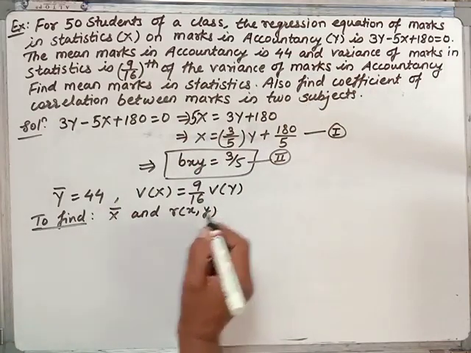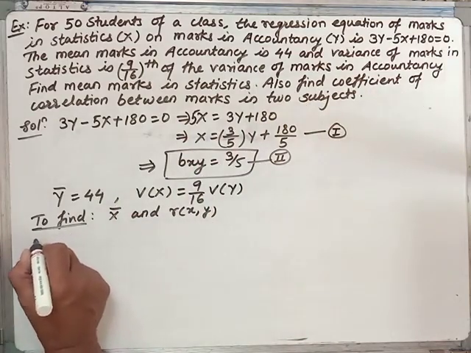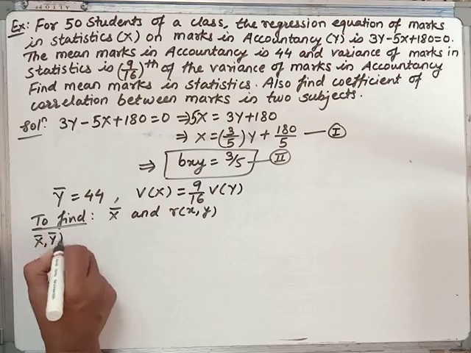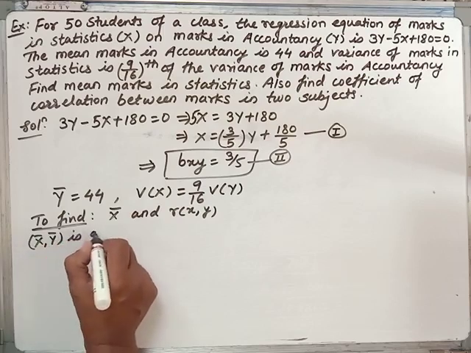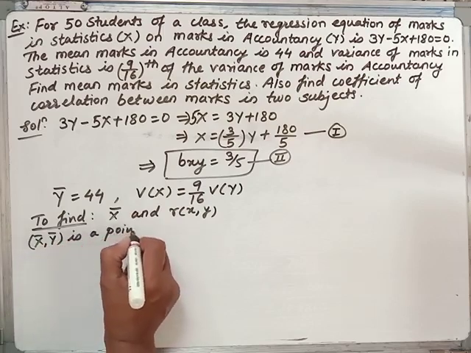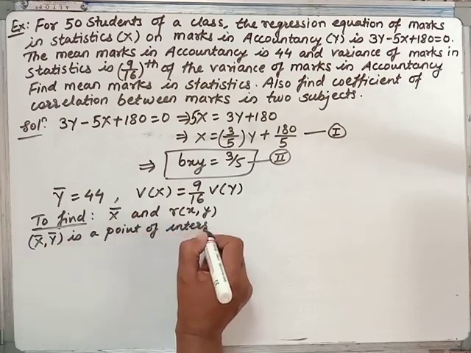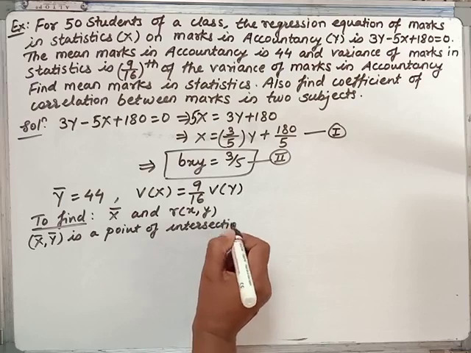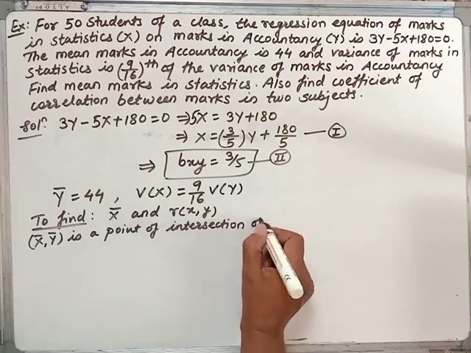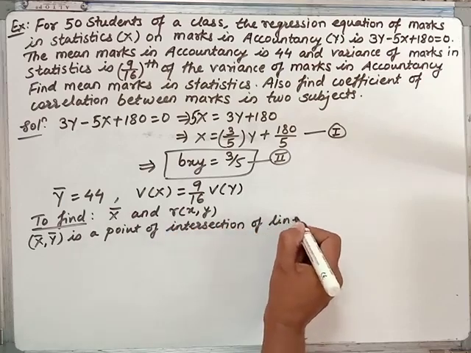Okay. So what is with us? X bar, y bar is the point of intersection of lines of regression.